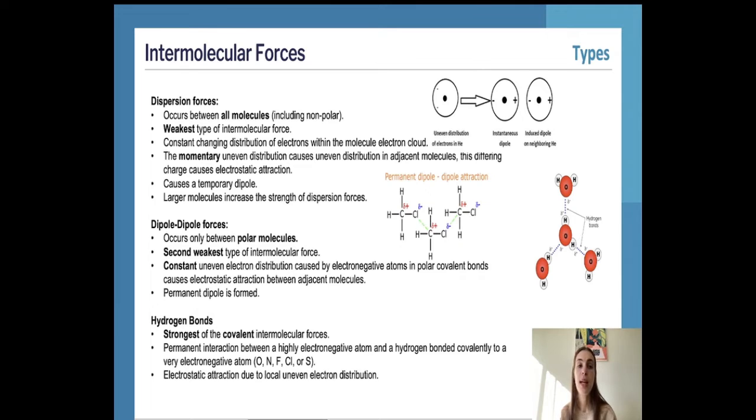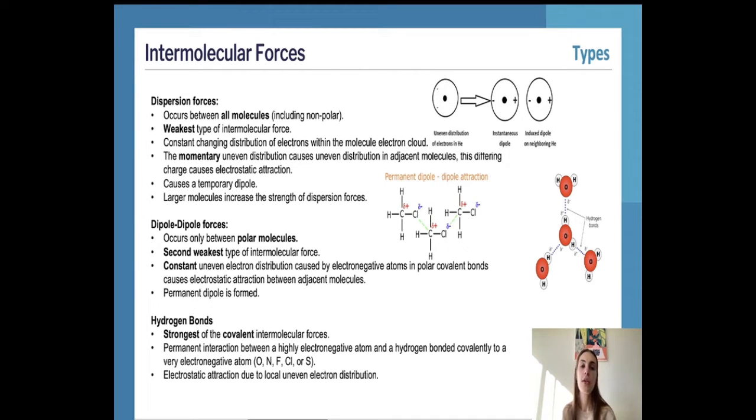And so this is the weakest type of intermolecular force, because obviously if there's no difference in polarity to cause that attraction between the molecules, there's not going to be that partial positive, partial negative to an extreme extent, which is going to cause an attraction. And so hence it's going to be a lot more of a weak attraction between them.